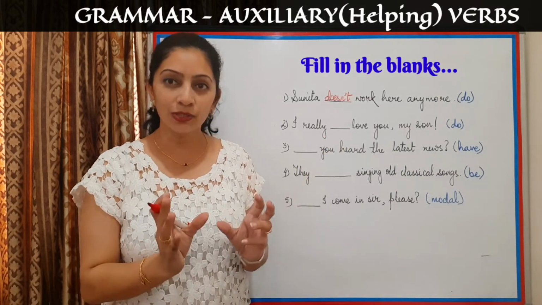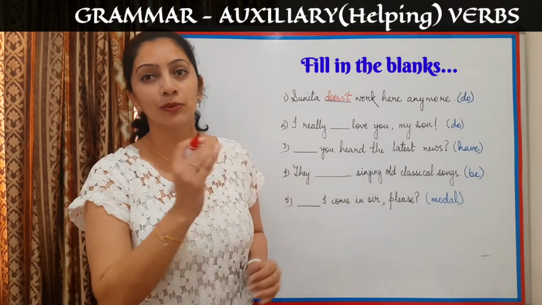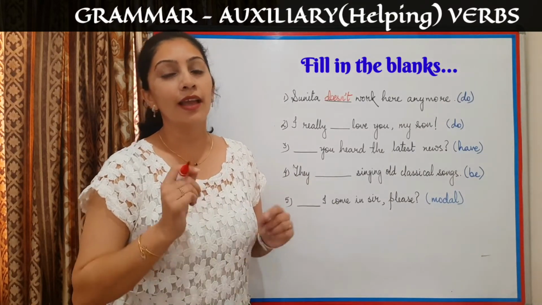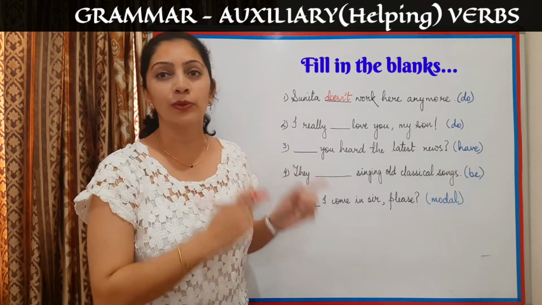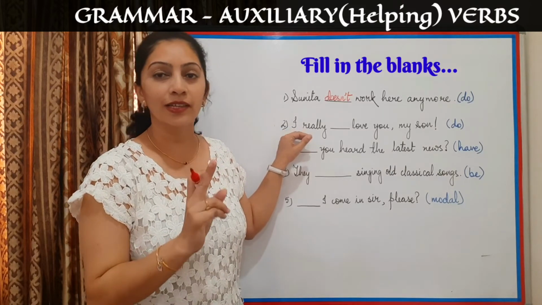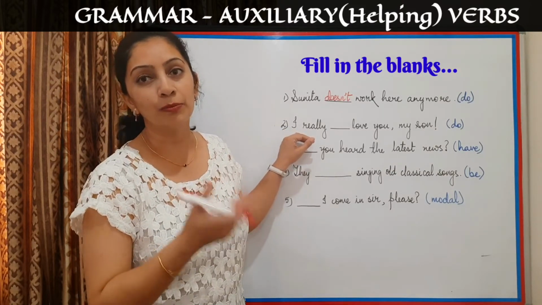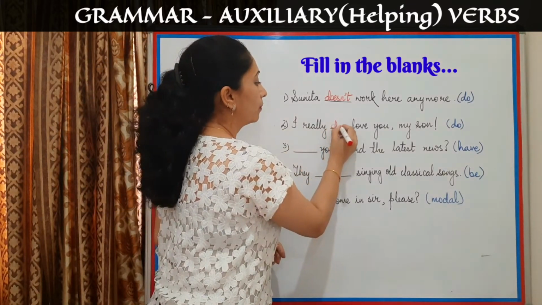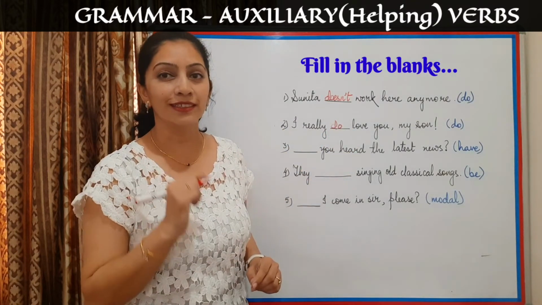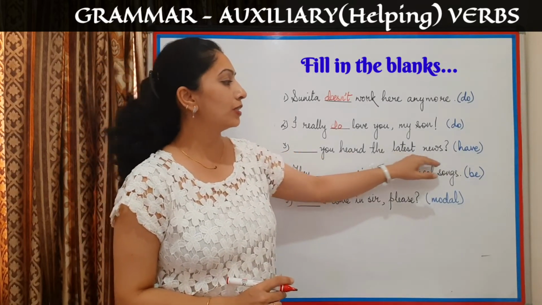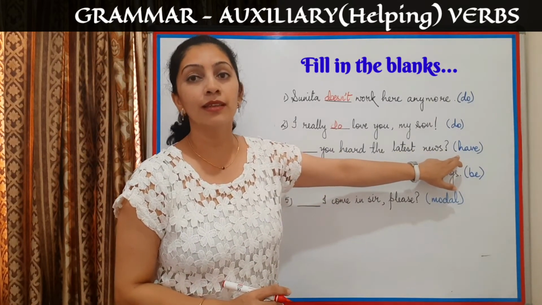The verb has to match the subject. So the verb has to be either singular or plural according to the singular or plural subject. With I, although I is singular, we consider it as plural. So with I will use do, not does. Remember this.